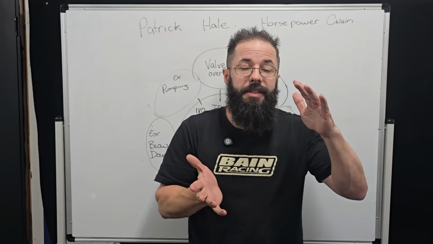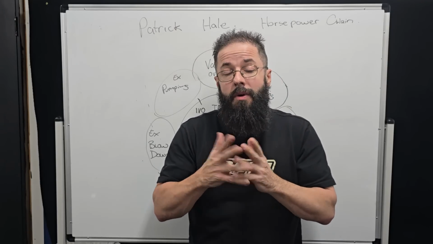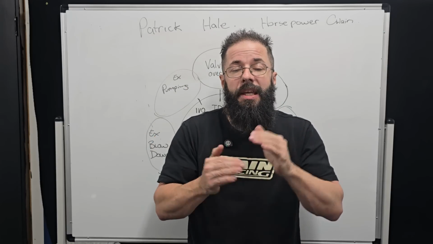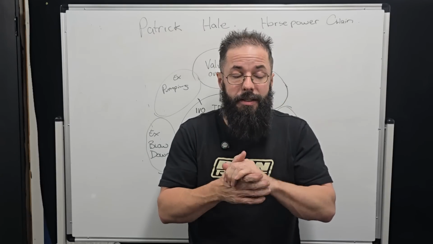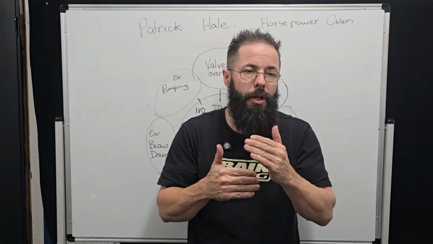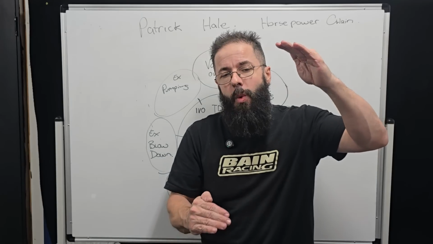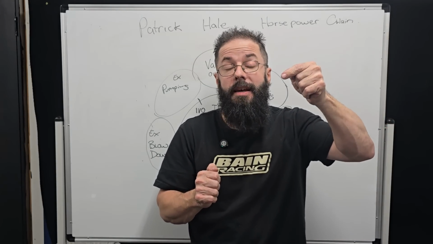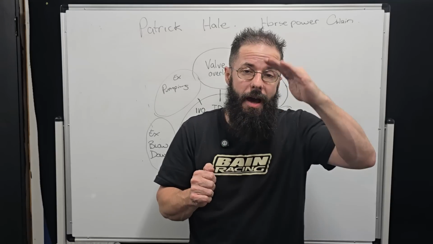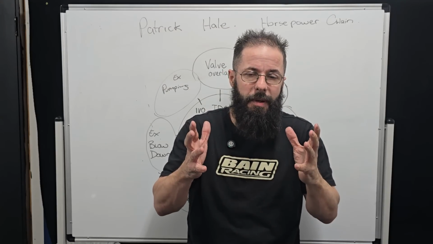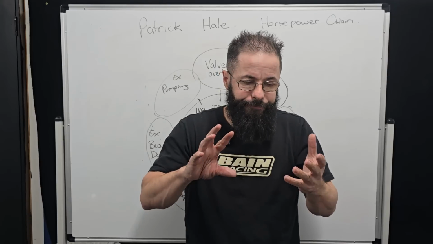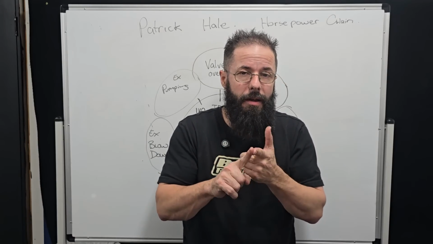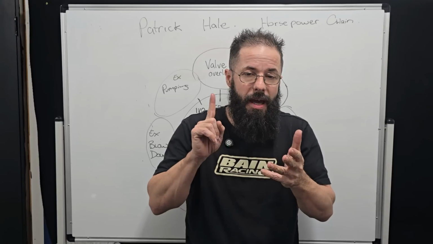With a suboptimal runner, so a runner that is shorter than, say, our third harmonic, if we're targeting it properly, needs to be shorter, needs to have less duration, closed earlier, because we can't develop, one, the inertia, and we can't develop the positive wave that also lands as we're trying to close the valve, right? So that's another aspect we have to look at. So our intake closing event will be dictated by our runner, by our CSA, and by our velocity.